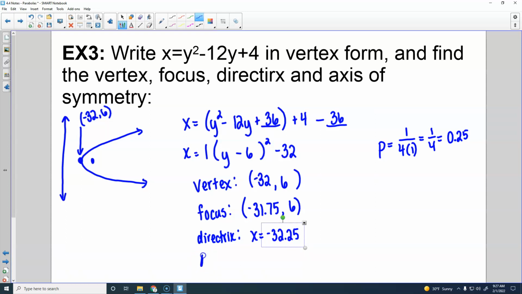And then last, our axis of symmetry is going to be this horizontal line here, and it passes through the vertex there. So horizontal lines are going to be y equals a number, and the y coordinate there is 6.